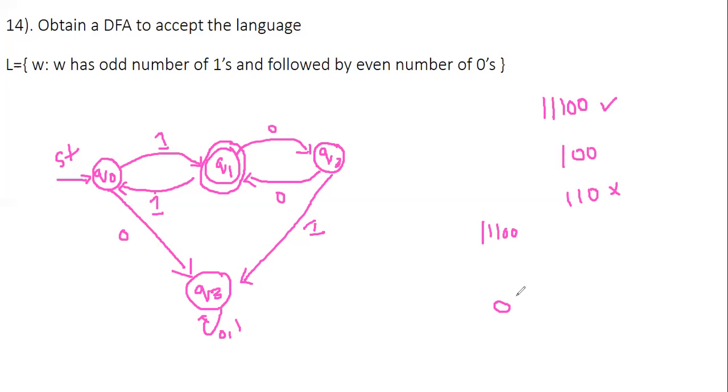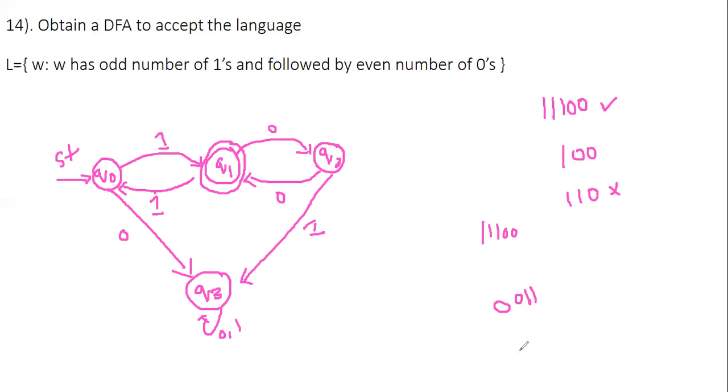Now if you are beginning with 0011, whether it is acceptable or rejected, it should be rejected. Even though we have even number of zeros, it is at the beginning. The condition is odd number of ones should be followed by even number of zeros. So first we find 0 in Q0 itself, so you are changing from Q0 to Q3 directly. Later for the second 0 and then 1, it should be rejected.